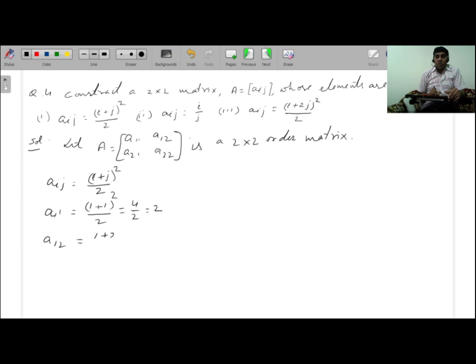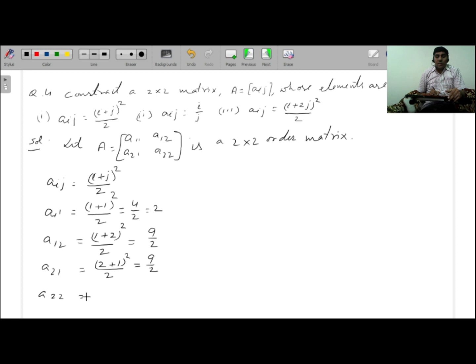So, (1 plus 2) whole square divided by 2 is equal to 9 by 2. A21, i is 2, j is 1, 2 plus 1 is 3, 3 square is 9. So, 9 divided by 2.